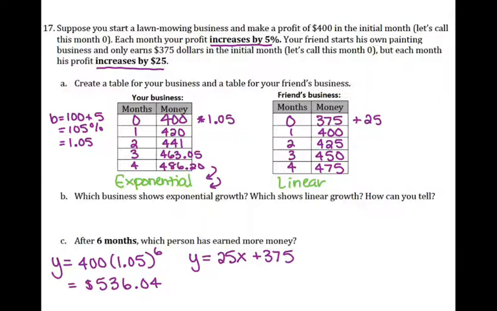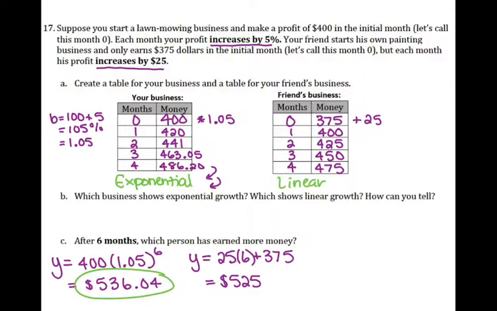Since I want to figure it out for 6 months, I'm going to take my x and plug in 6. So I have 25 times 6 plus 375, which is $525. So I can see after 6 months, I am going to have more money than my friend's business.